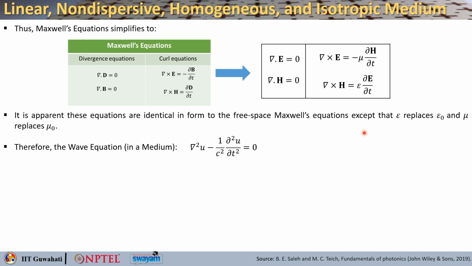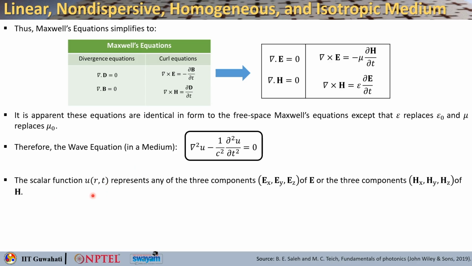From this you can also write down the wave equation in a medium as del square u minus 1 by c square dou square u by dou t square equals 0. Here the scalar function u(r,t) represents the 3 components Ex, Ey and Ez of the electric field, or the 3 components Hx, Hy and Hz of the magnetic field H.